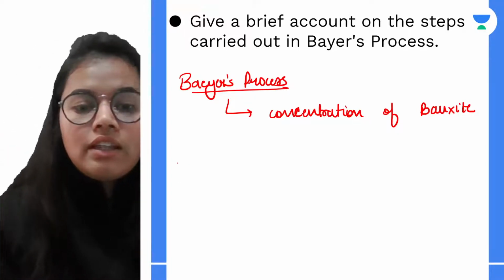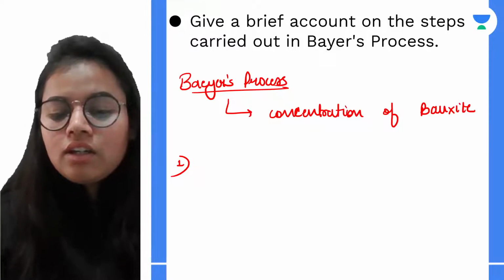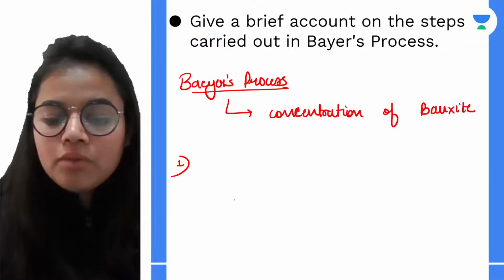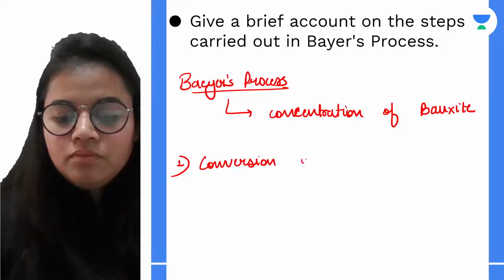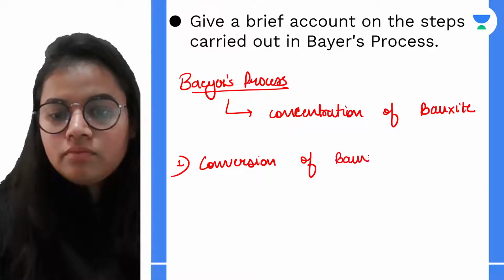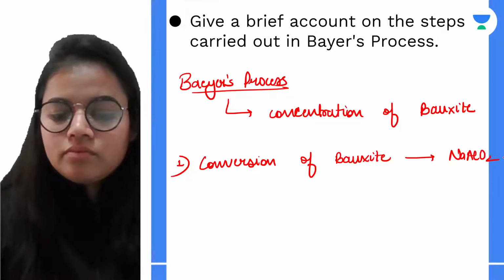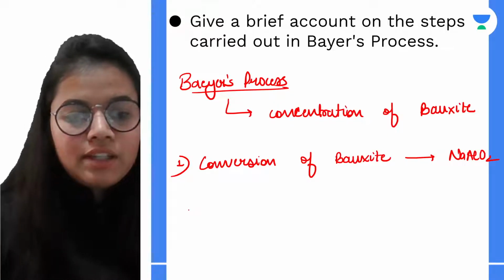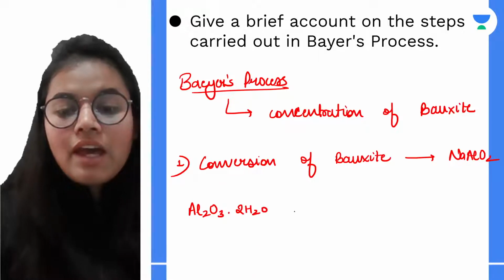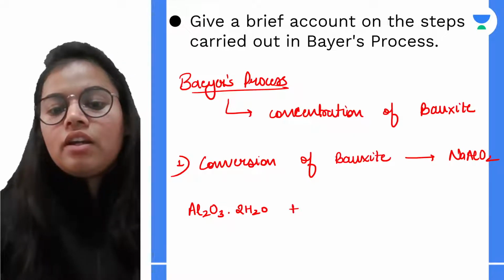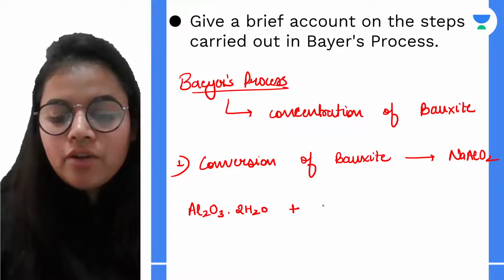Now in the very first step, what is happening? The impure bauxite is converted to sodium meta-aluminate. So conversion of bauxite to sodium meta-aluminate. Now how is it happening? See, we take the bauxite, that is Al2O3.2H2O, and we mix it with the concentrated solution of sodium hydroxide.